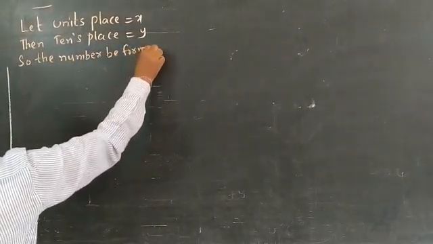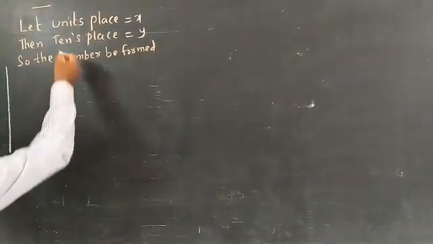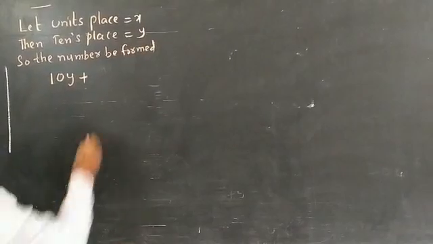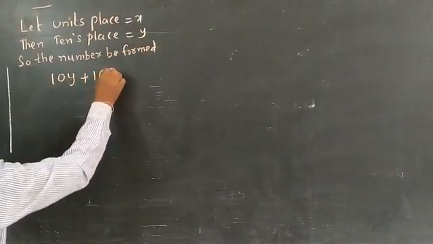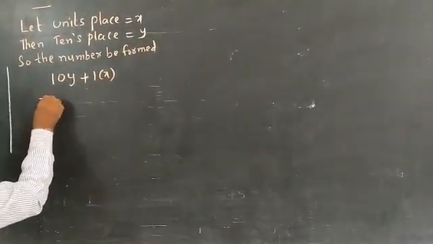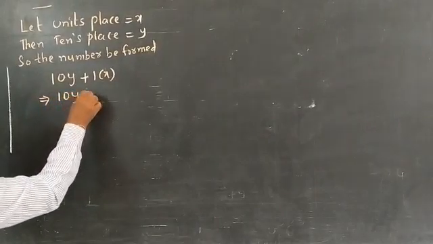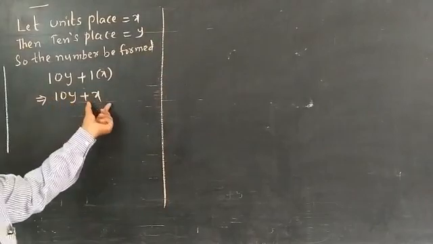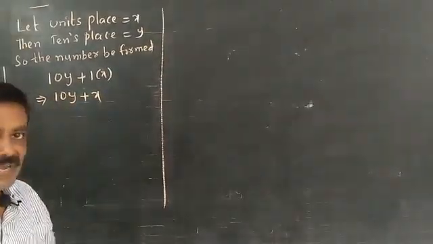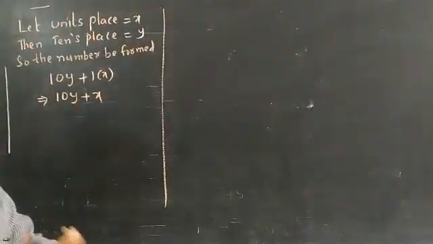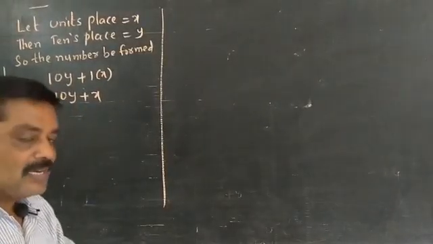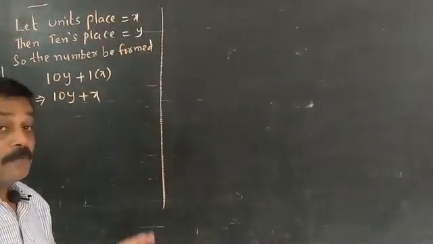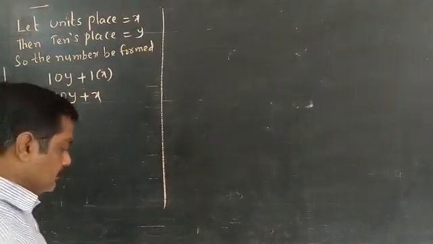Tens place is y means 10y, plus the ones place x, that is 1x. So your number is 10y plus x. We should not write it as 10yx. Write 10y plus x. Please remember properly.